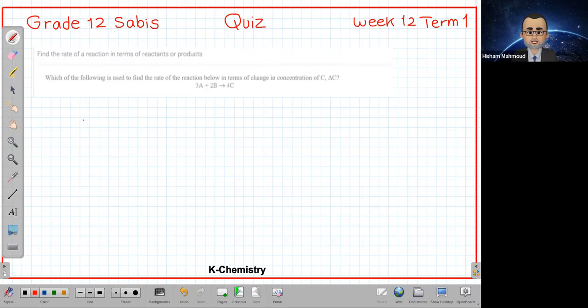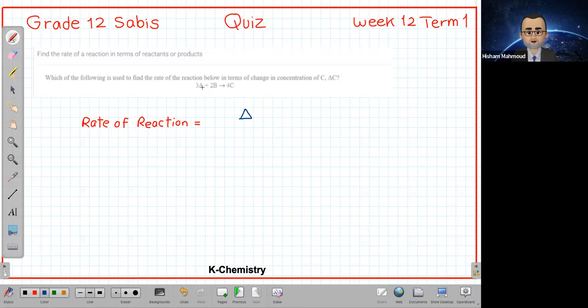We need to find the rate of the reaction, and the rate of the reaction always has to be a positive value. So if he has given you the rate of reaction in terms of change in concentration of one of the reactants, like here we have A, we are always going to say that it's equal to the change in the concentration of this reactant.